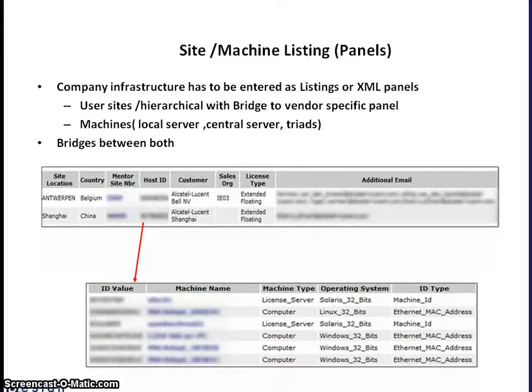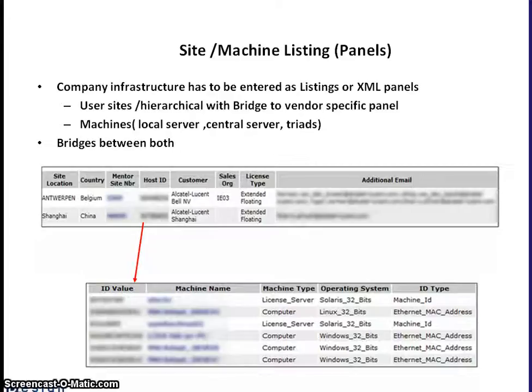That means you have a central listing or panel, and a bridge to a local one. Here you see that from a central site, which is in Antwerp, there is a bridge to this record, which says I am the Mentor site member, and here is the management for the Mentor contact, the host ID, and so on.